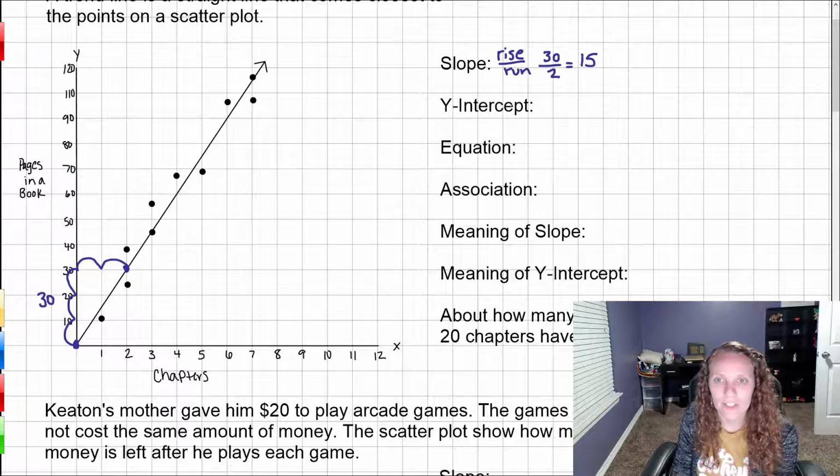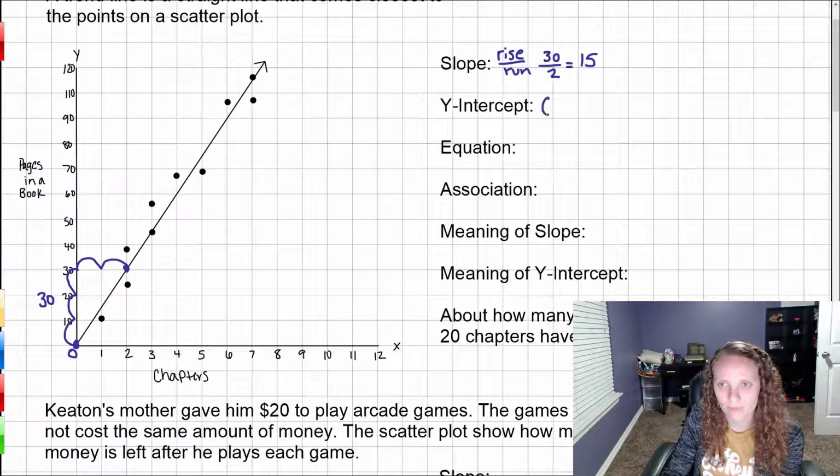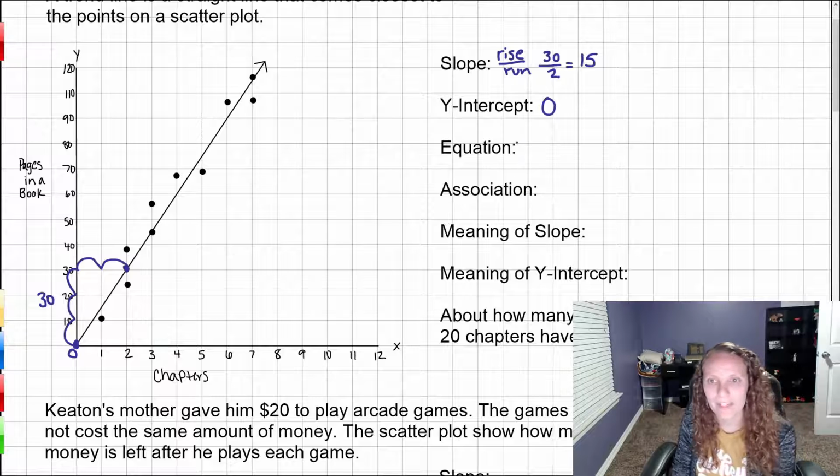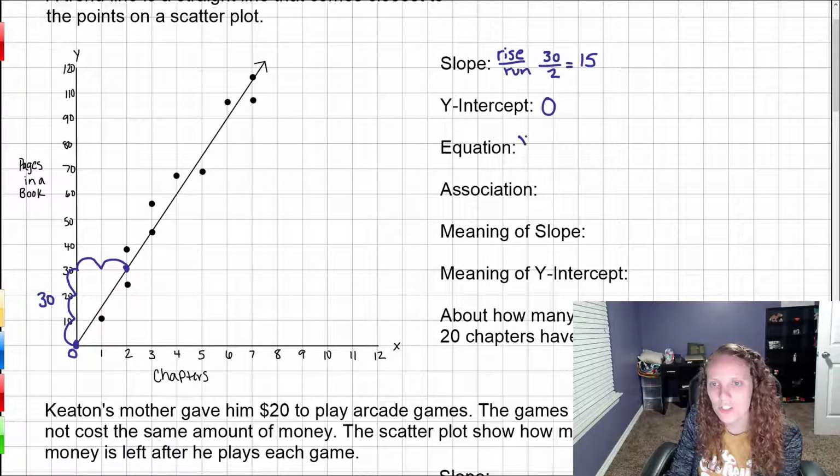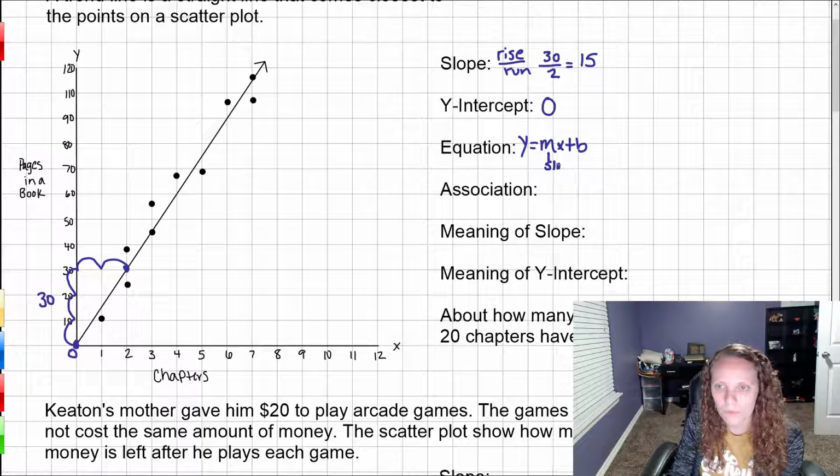Okay, we also want to tell what the y-intercept is. Well, it crosses the y-axis here at 0. And then let's make an equation. Remember, an equation is y equals mx plus b, where m is the slope, and b is the y-intercept.